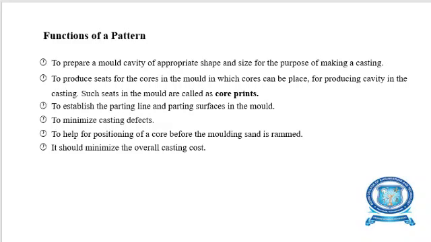To establish the parting line and parting surface in the mold. To minimize casting defects. To help in positioning of a core before the molding sand is rammed. It should minimize the overall casting cost.